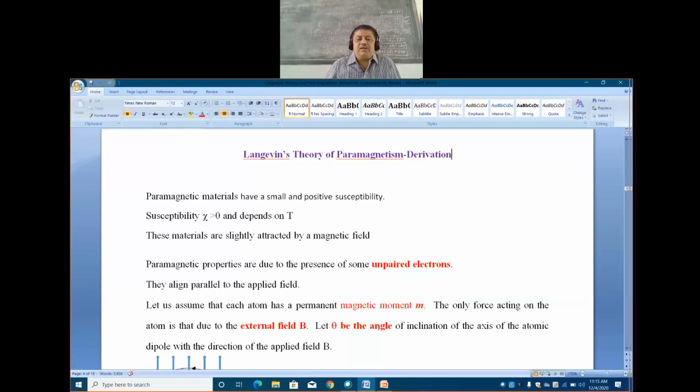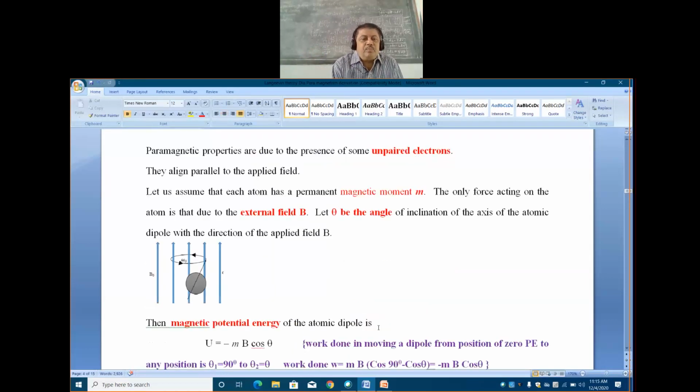The only force acting on these atoms is the external field B. When you apply the external field, as you can see in the figure, these atomic domains or magnetic moments align, making an angle theta of inclination with the field axis.